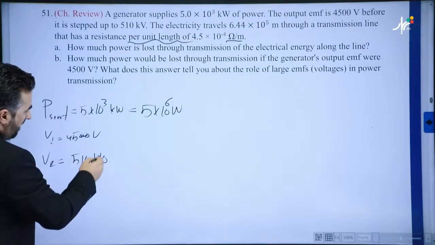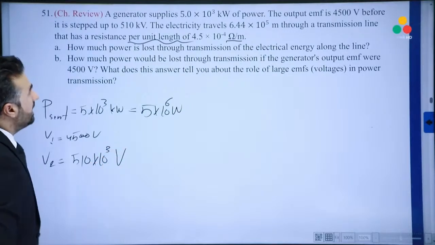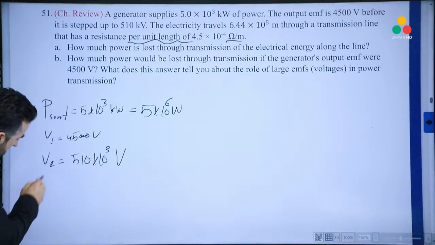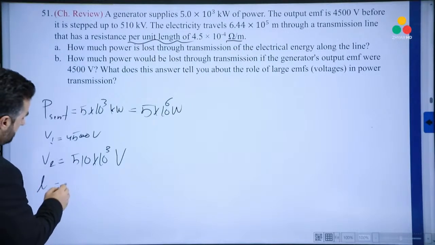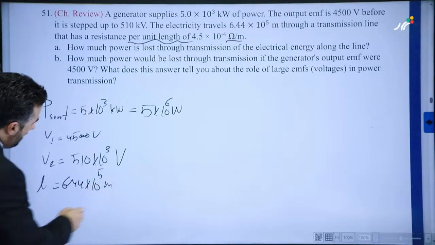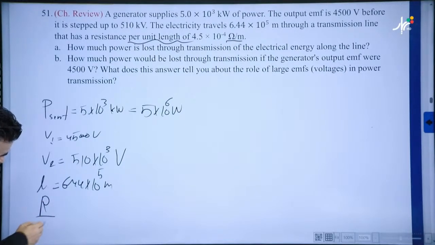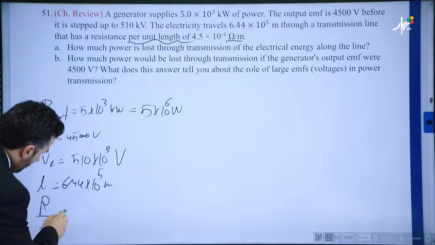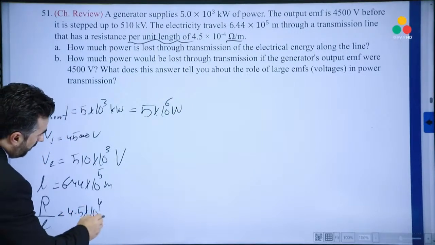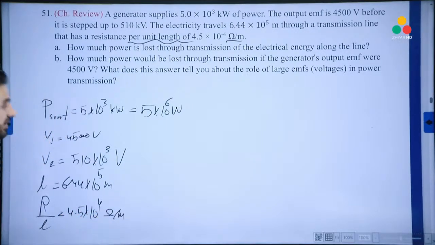Can I just say 510 times 10 to the power 3 volt? Yes, very good. The electricity travels this much, so we can say the length is 6.44 times 10 to the power 5 meter through a resistance. Watch this. It says resistance per unit length. Don't forget, which is 4.5 times 10 to the power, that is 4 ohm per unit meter.